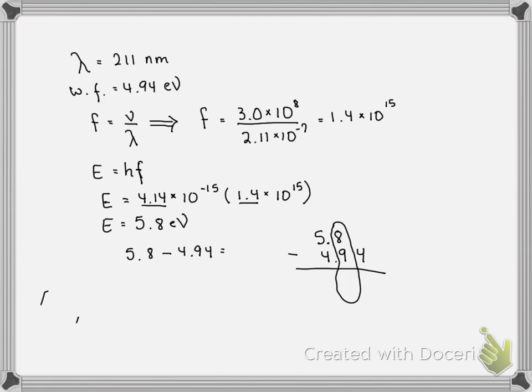And we get 0.86. So the 6 is going to bump the 8 up to a 9. So we get 0.9 electron volts.